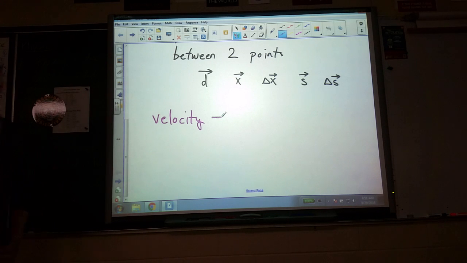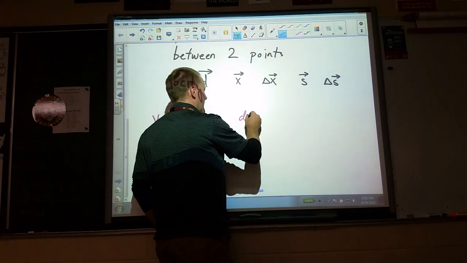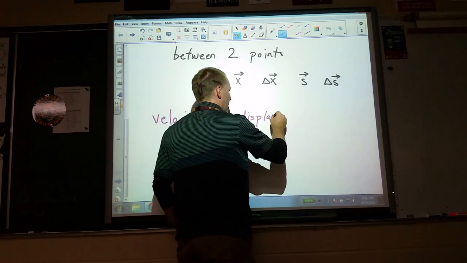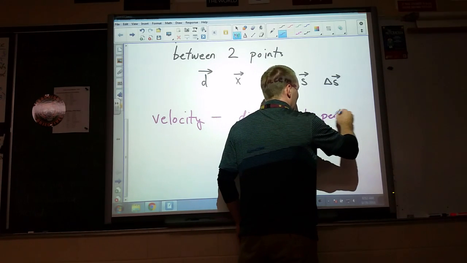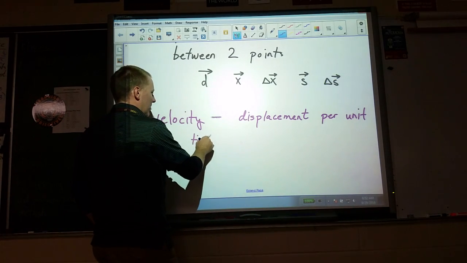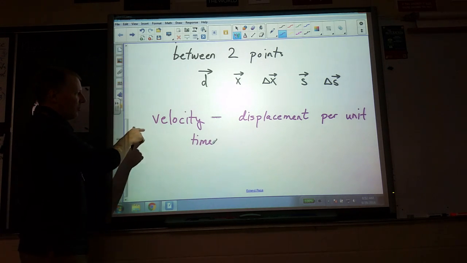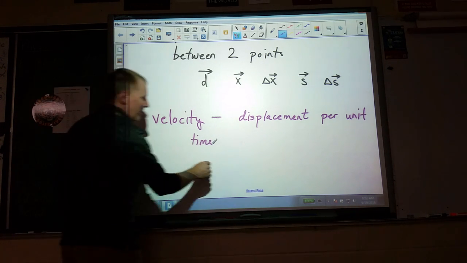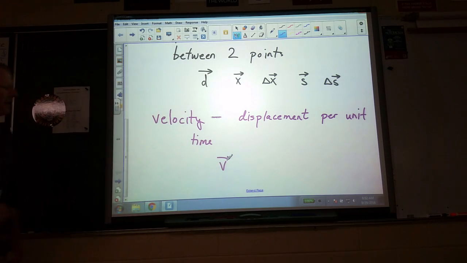Velocity is the change in location over time, or it's the displacement per unit time. So if we write it, then we are going to use the same symbol as above, v, but now it's a vector. So when we're talking velocity, we should put the vector symbol over it.